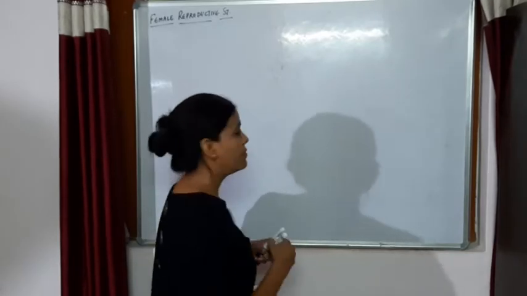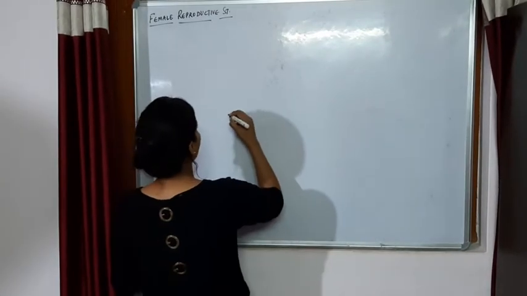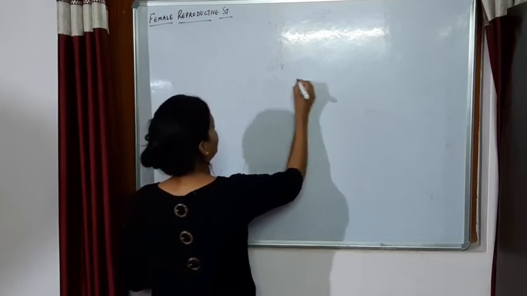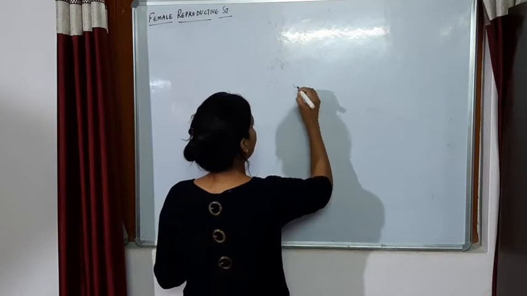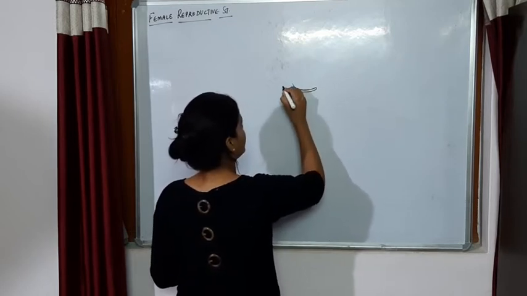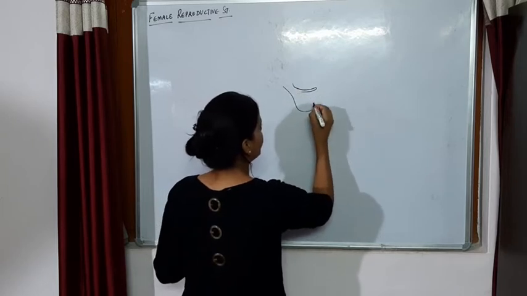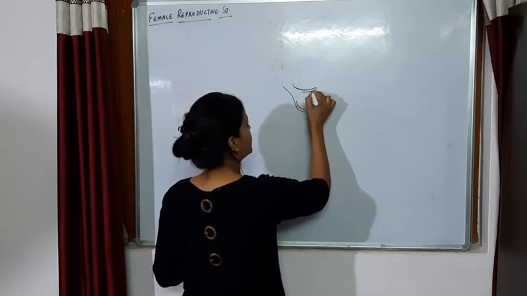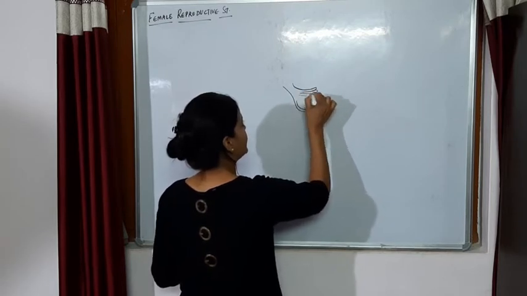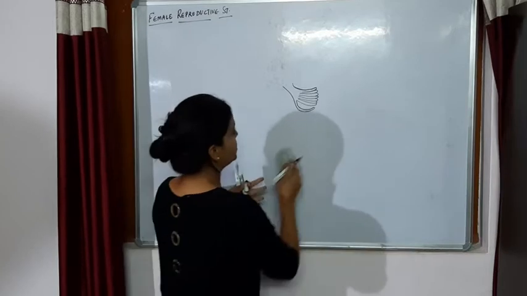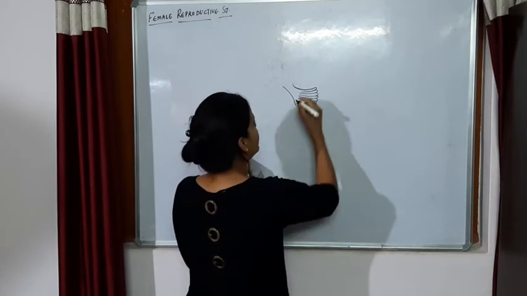So, to start with the female reproductive system, you know that it has finger-like projections, which are called the fimbriae. These finger-like projections help in the conduction of the sperm.